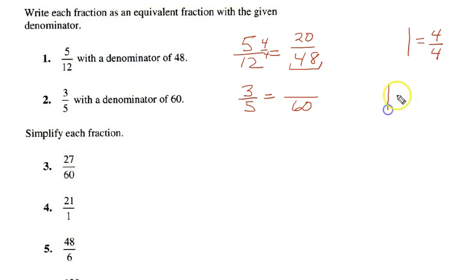So we're going to multiply this 3/5 by 1. And the form of 1 we're going to use is 12/12. This way, when we do that, our denominator, 5 times 12 is 60, and 3 times 12 is 36.